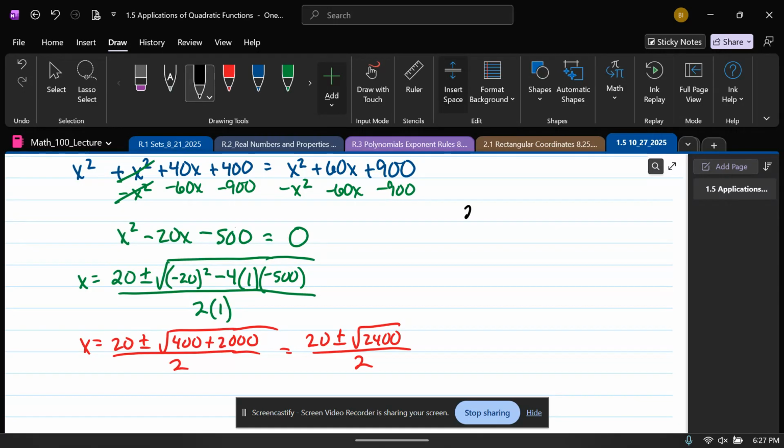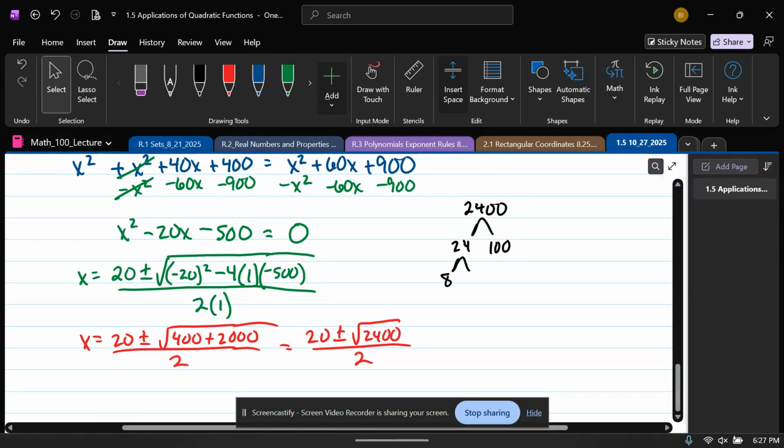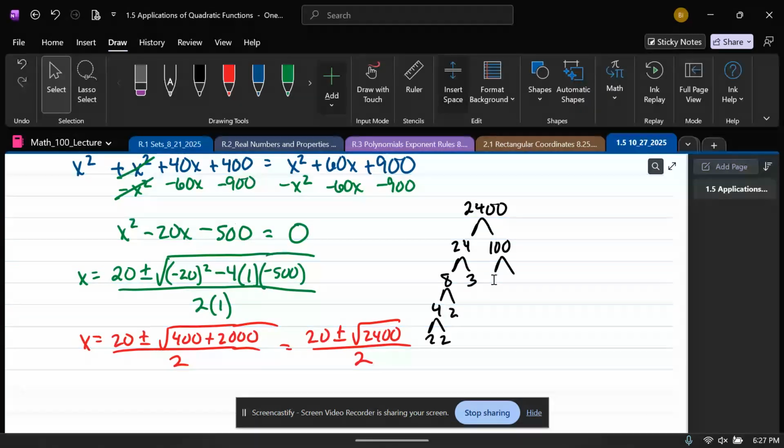So I'm going to break down 2,400. That's 24 and 100. That's easy to do. And then that's 8 and 3, 4 and 2, 2 and 2. This is going to be 10 and 10, 5 and 2, 5 and 2.